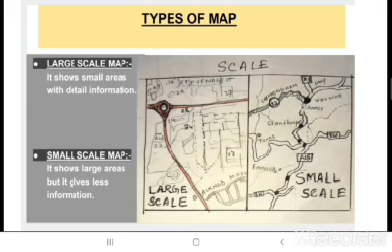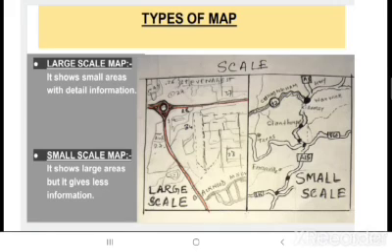But if I give you a sketch of your own class, then very easily you can point out which row and column your seat is situated in, how many windows are there, where the blackboard is situated, and where the entry and exit doors to your classroom are. So you can give me detailed information over there.